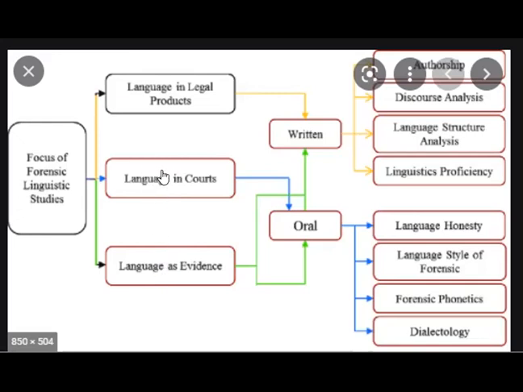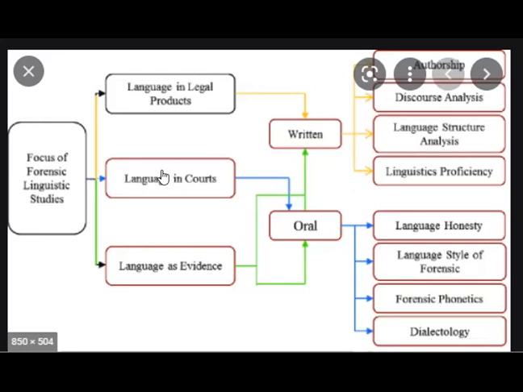Whereas in language in courts, you can see that there are recordings. Not in Pakistan though. In Pakistan, the recordings are not available, but there is a person who is typing the important points which are discussed in the court. However, that language is not the true representation of what exactly the person is saying.